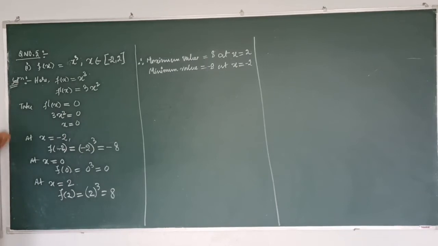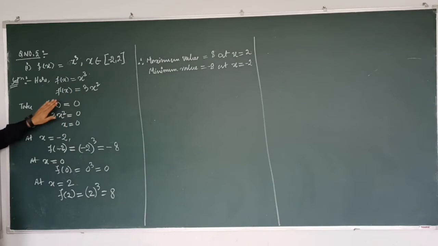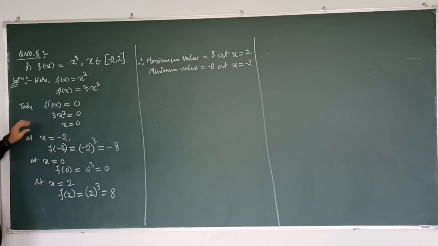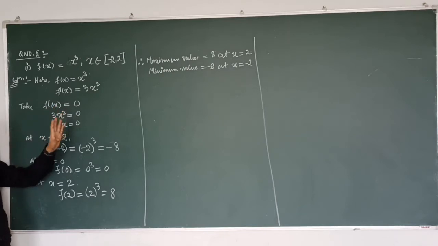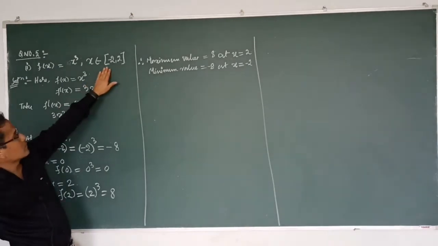Once again I explain question number 5, Roman number 1. First we take the function f of x equal to x cube. After that we find f dash x, which is 3x square. We take f dash x equal to 0 for maxima or minima, and with its help we find the critical point x equal to 0.